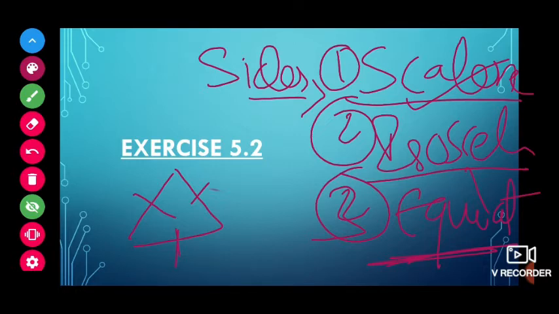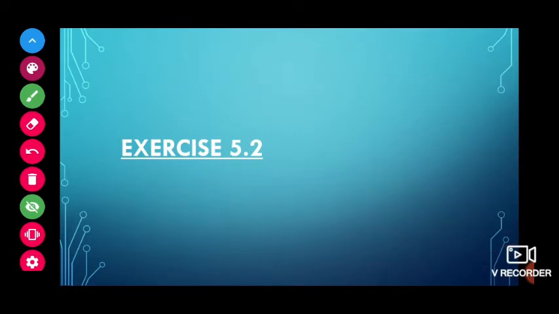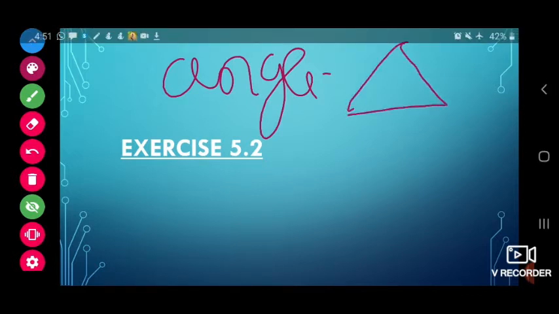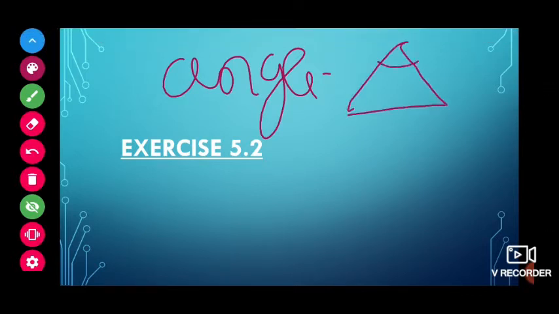Next, children, by using angles in a triangle also we can divide a triangle into three types. First is the acute angle triangle, where all the angles are less than 90 degrees. One more is the right angle triangle, where one angle is 90 degrees and the two other angles are acute.